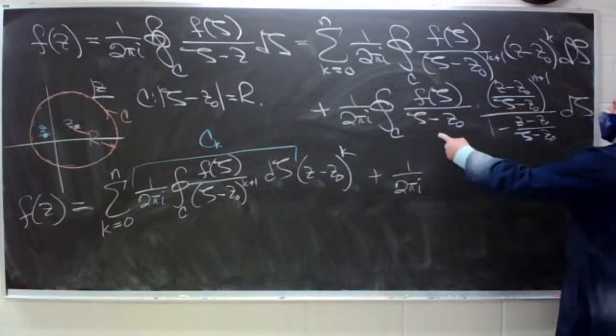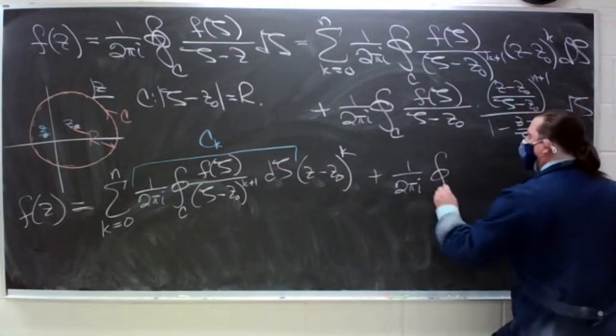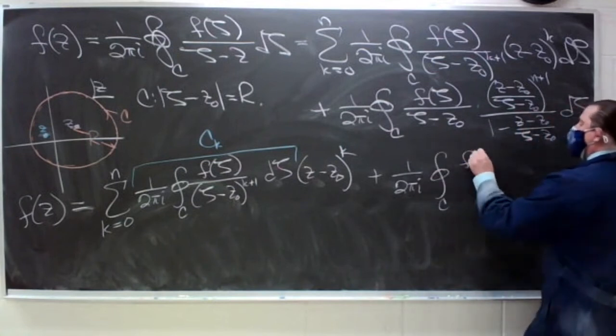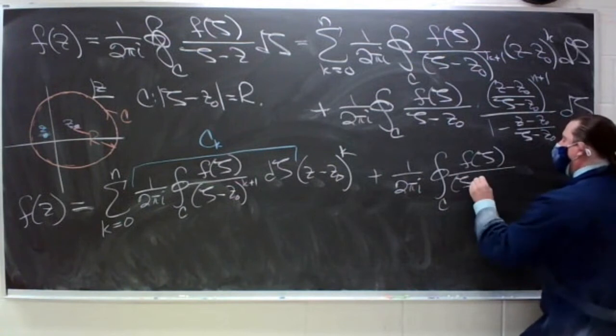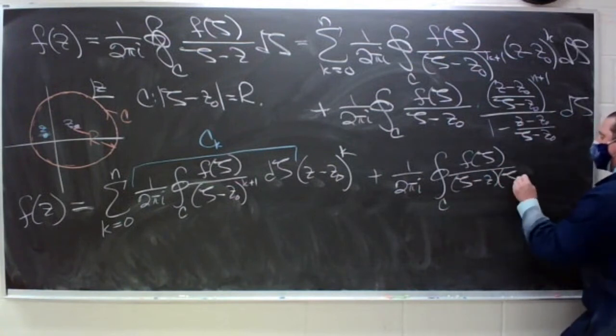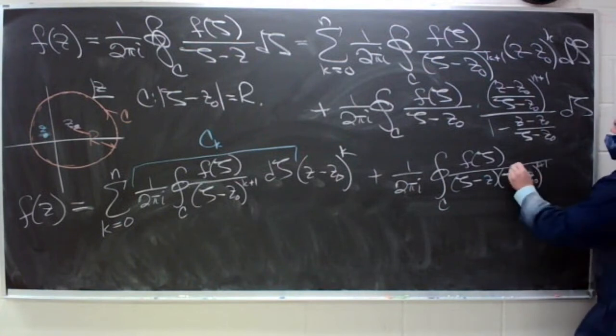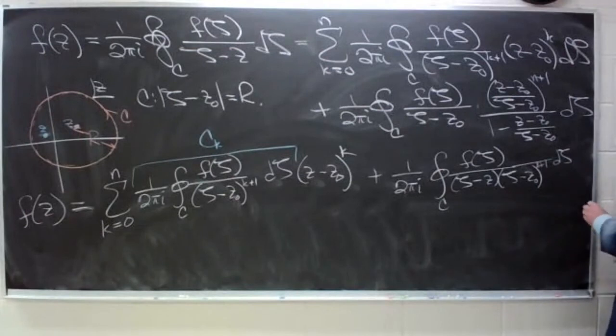All right, what we got? When I distribute this, it's going to become just zeta minus z. And then I'll have zeta minus z naught to the n plus 1 d zeta, z minus z naught to the n plus 1.